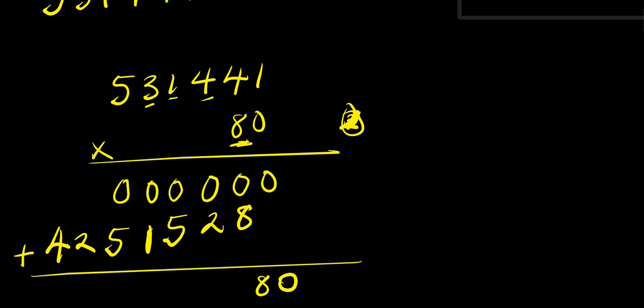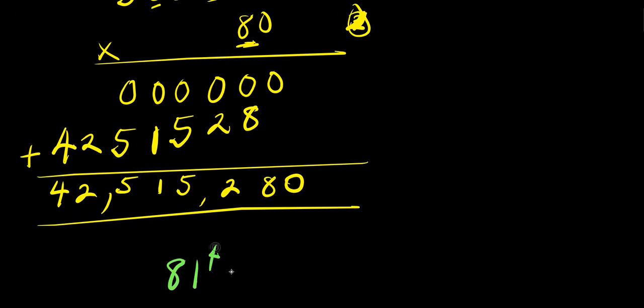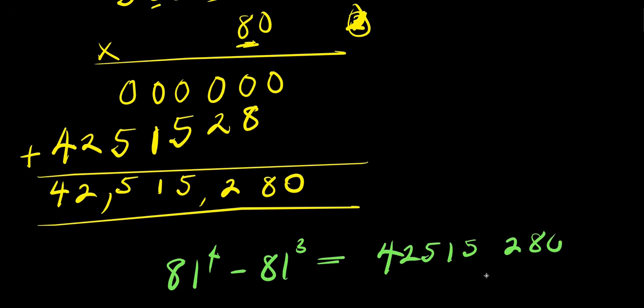This is 0, 8, 2, 5, 1, 5, 4, 2. So we have this right now. 42,515,280 as our answer for 81 power 4 minus 81 power 3. This is 42,515,280.